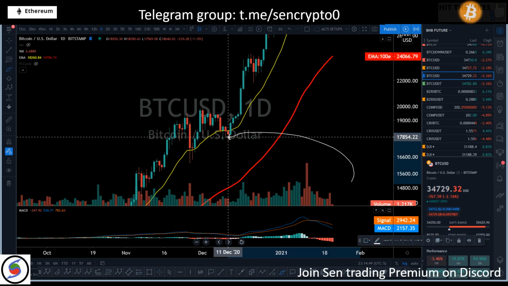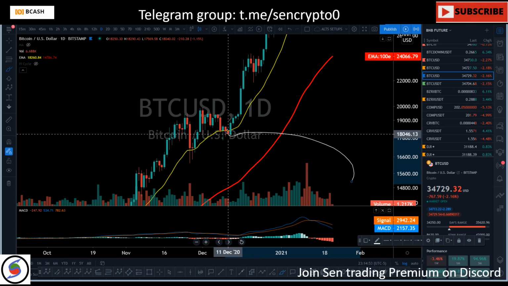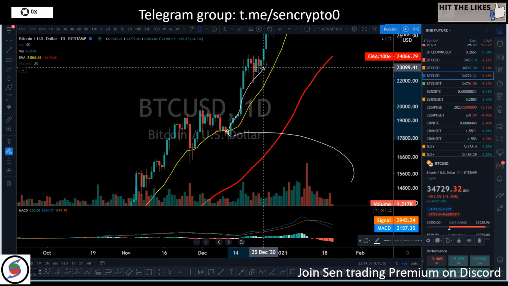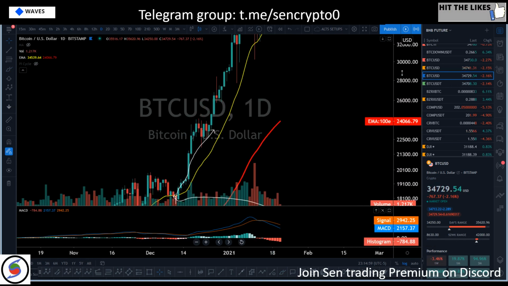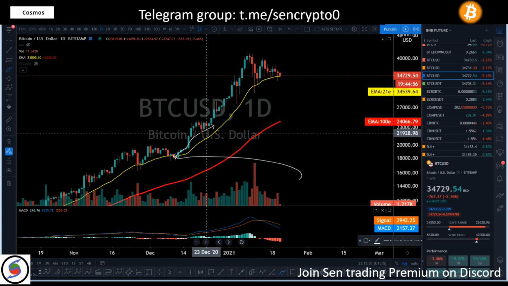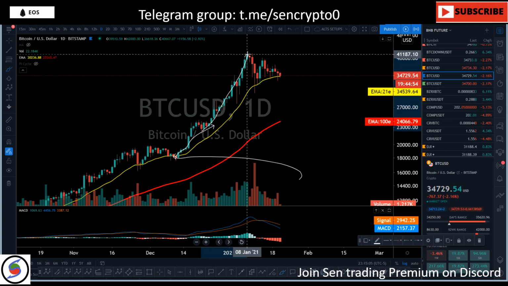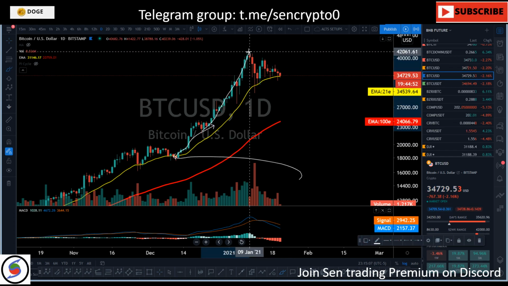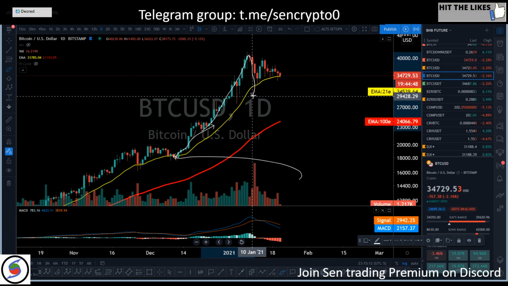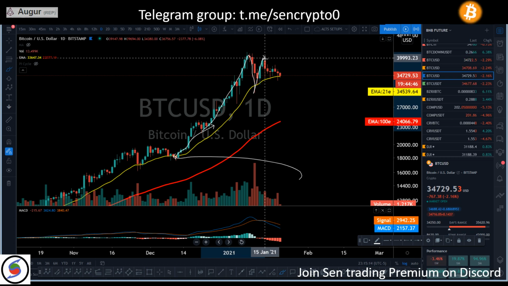Right here, just about the 18,000 range, and on the first pump above it, that's it. That's when we pumped all the way up to nearly 42,000. And what happened at 42,000 is we dumped right back down to the daily 21: rejection, retest.